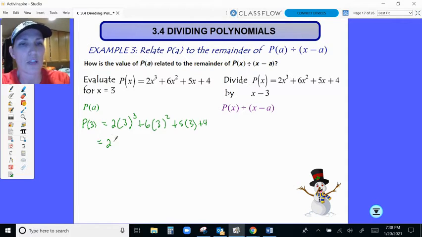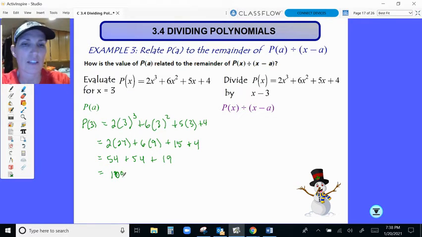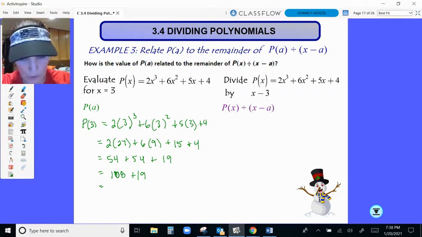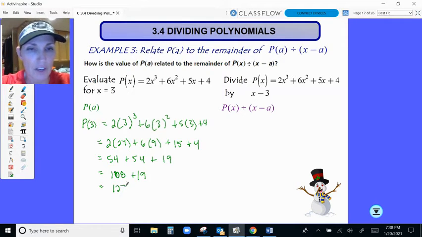This is going to be equal to 2 times 27, plus 6 times 9, plus 15, plus 4. This is going to be 54, plus 54, plus 19. This equals 108 plus 19, which is equal to 127, I believe. Okay? So p of 3 equals 127.